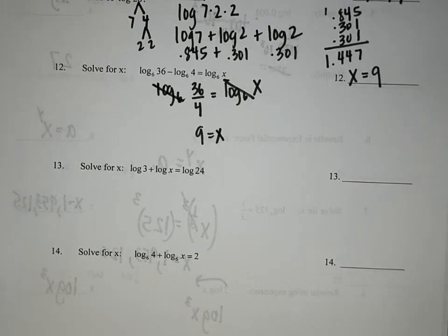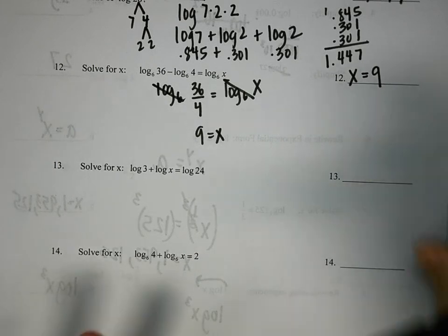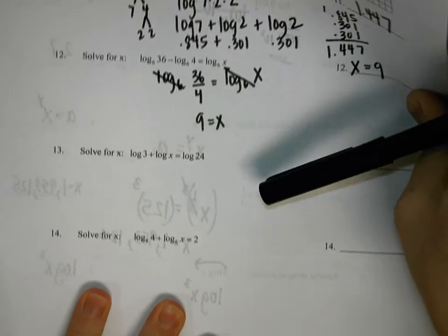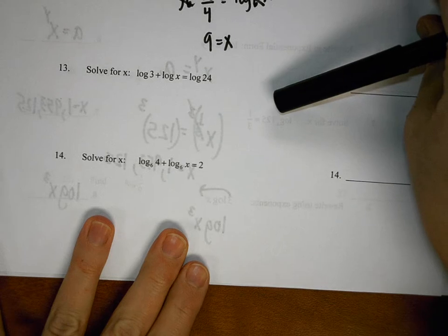Questions? Good. All right. Again, number 13. I'm like, oh, cool. I can probably make this so there's a single log on both sides so that I can drop the logs. Okay, so what am I going to do on number 13? What does addition change to? Multiplication.